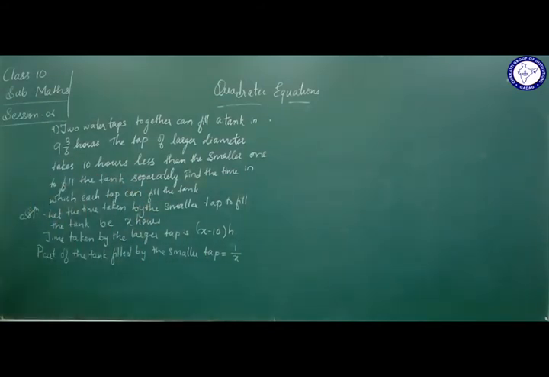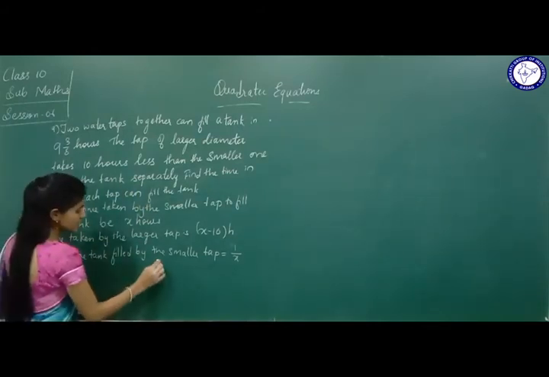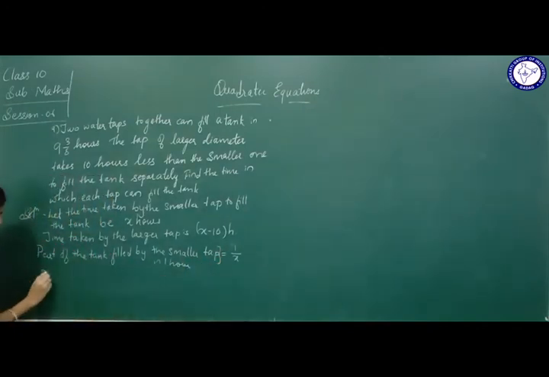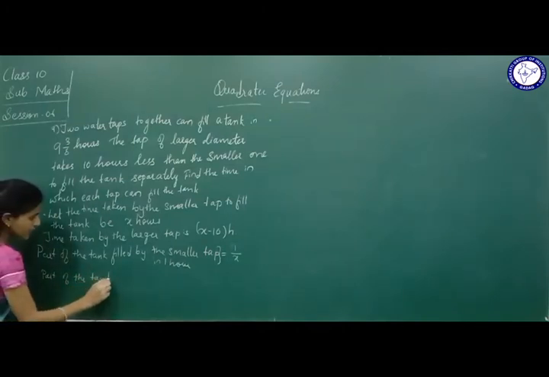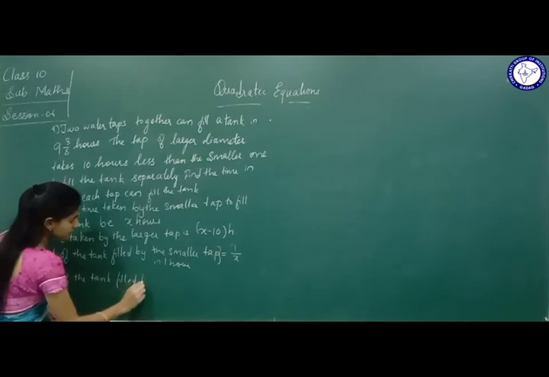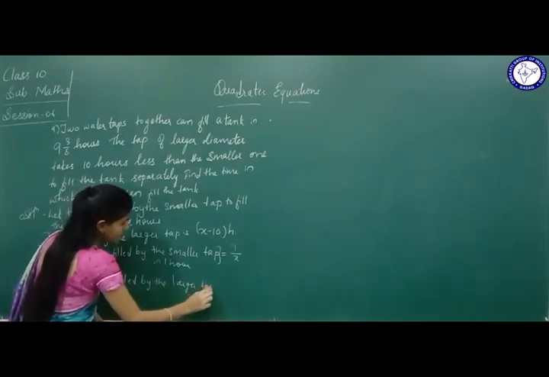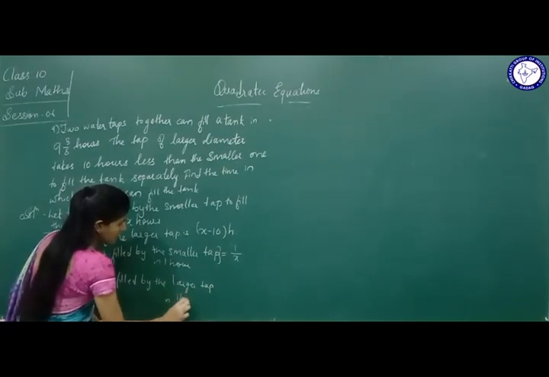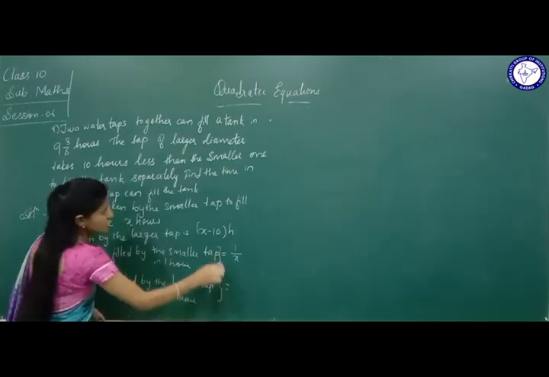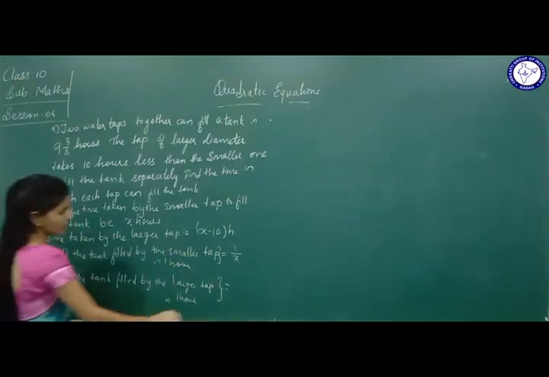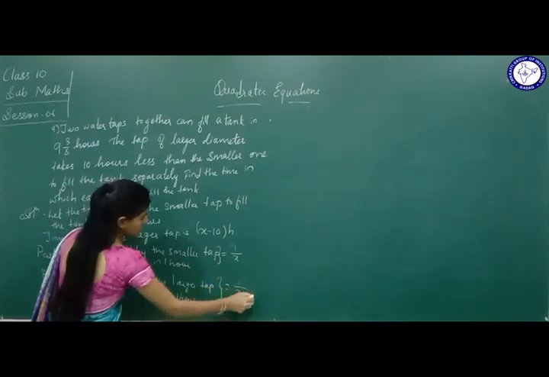Part of the tank filled by the smaller tap in 1 hour. The same way, part of the tank filled by the larger tap in 1 hour, what it is going to be? If it is 1 by x, that is going to be 1 divided by x minus 10.